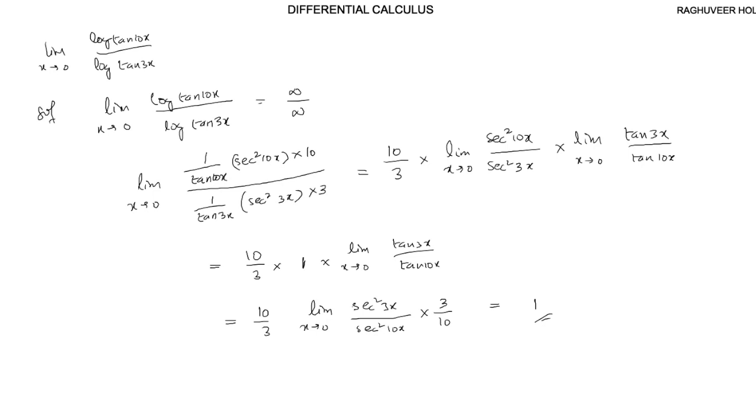This is 3 by 10. So when you cancel out, we get 1. Okay, let us look at another problem.